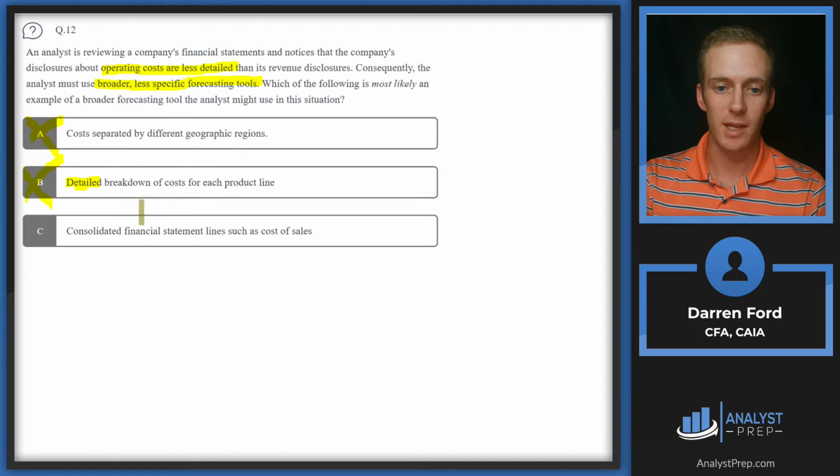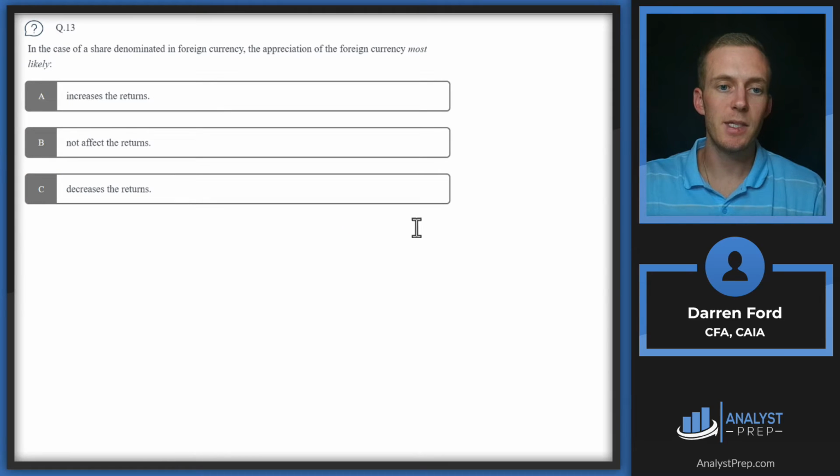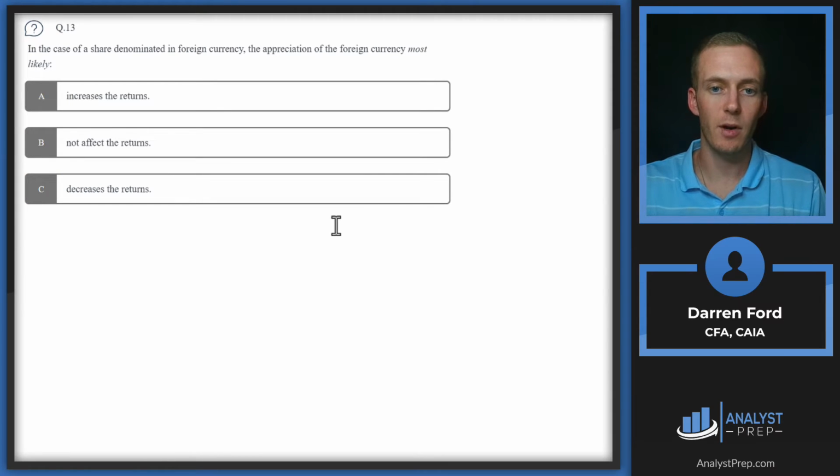But we're looking for less detail. Consolidated financial statement lines such as cost of sales, that's just going to aggregate up a bunch of data. It's not going to be quite as specific, so that looks like what we're looking for. Answer C.